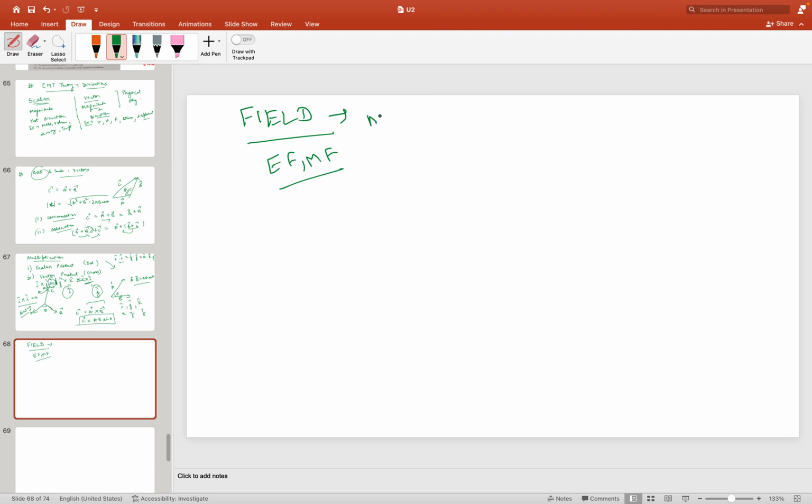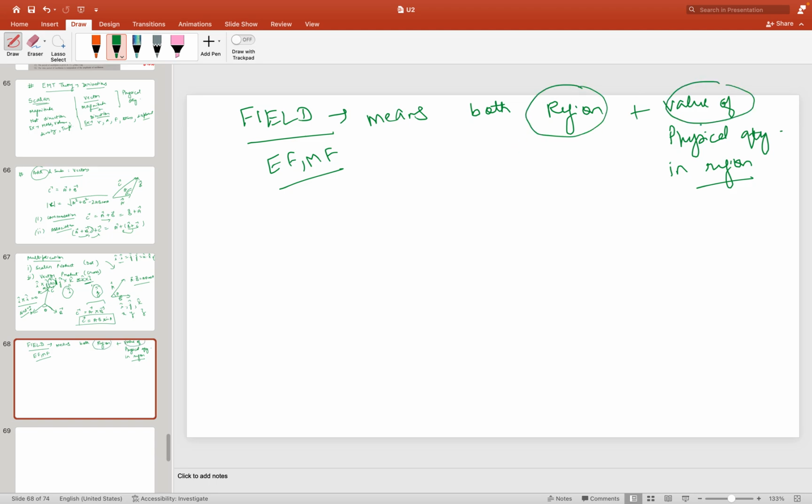So field basically talks about both the region and also the value of a physical quantity in that particular region. So electric field, magnetic field, gravitational field are the examples of these fields.